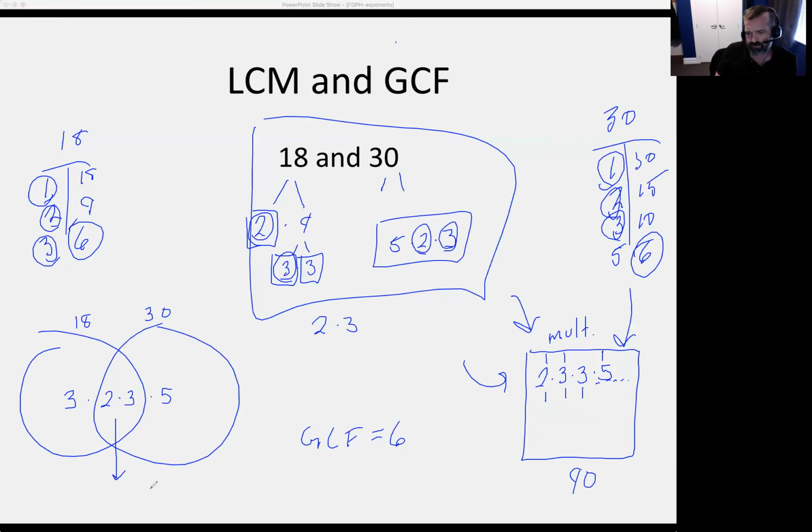LCM or GCF? Okay. So 2 times 3, if I multiply those together, I'll get my GCF. And if I take all of these, 3, 2, 3, 5, and multiply those together, so the greatest common factor is 6. But if I go 3 times 2 times 3 times 5, I'll get 90, and that's my LCM. Cool. All right.